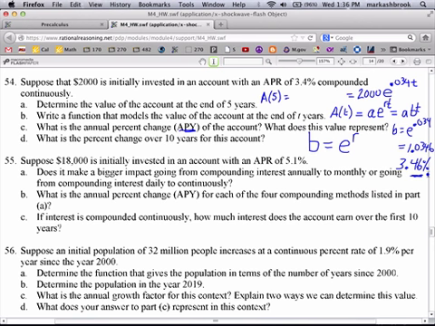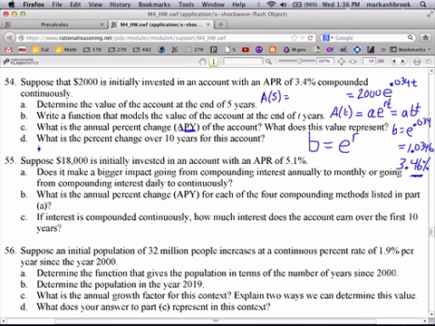That's the APY. Okay, the percent change over 10 years. Okay, well, we just take the percent change for 1 year and multiply by 10, right? No, right? We said percent change doesn't work like that. What's the key transition to get from one percent change to another? Growth factors.